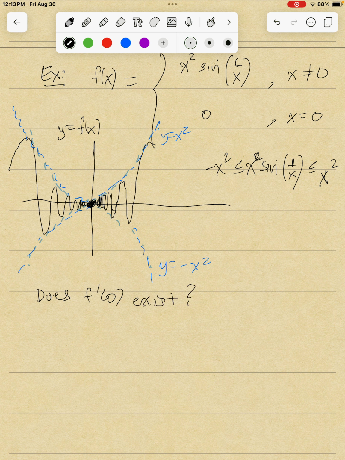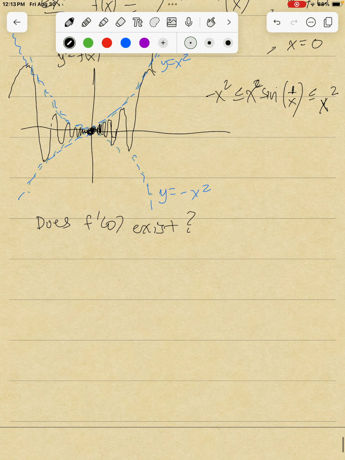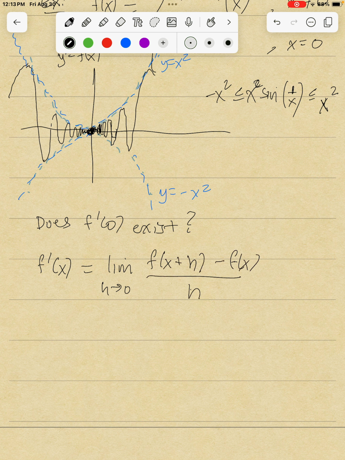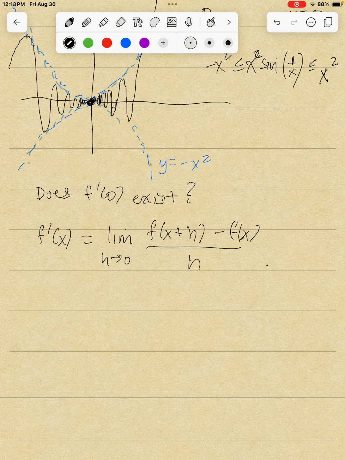Well, we have to use the limit definition. Recall that f prime of x is defined to be, if it exists, the limit as h goes to 0 of f of x plus h minus f of x all over h. If you're taking calculus, you want to make sure that you memorize and understand what it's saying, right? The numerator tells you the difference in the y values from x to x plus h.